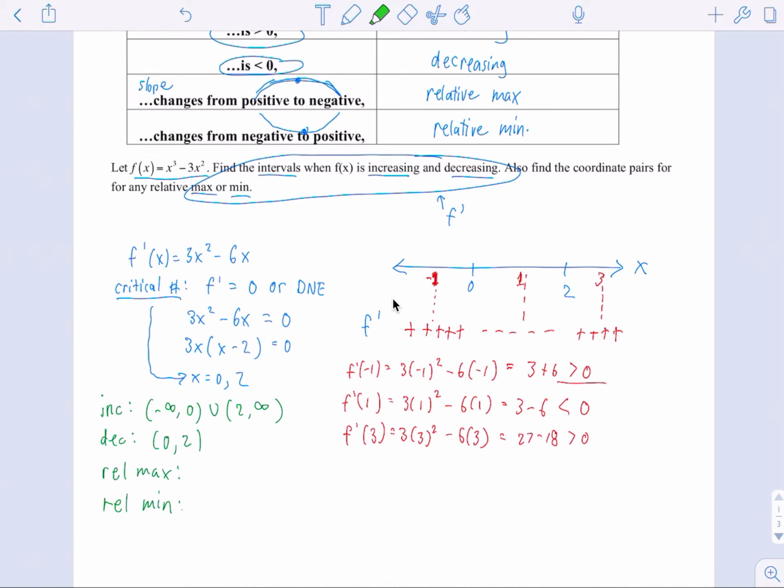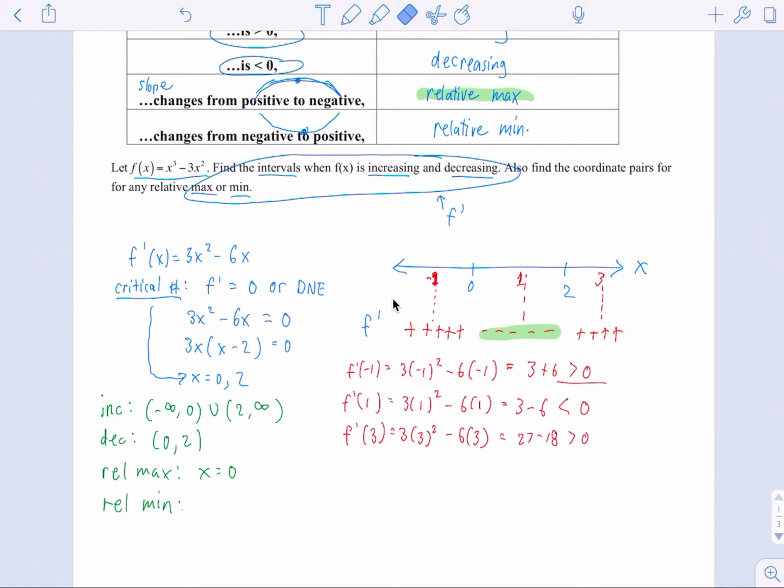Our relative max occurs right there when the slope changes from positive to negative, and that occurs right here. Do you see how it changes from positive to negative? So at x equals 0, that is our relative max.